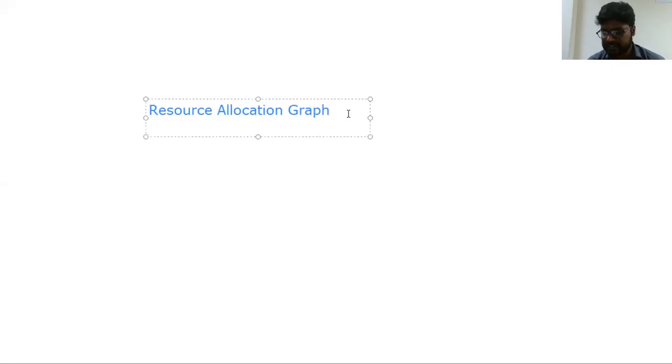Actually, resource allocation graph is the way of representing the processes and resources and how they are assigned. It is an important question that will come in the exam, so you have to write it in a proper way, because it has its own significant role in the examination and syllabus. So take the heading resource allocation graph separately.